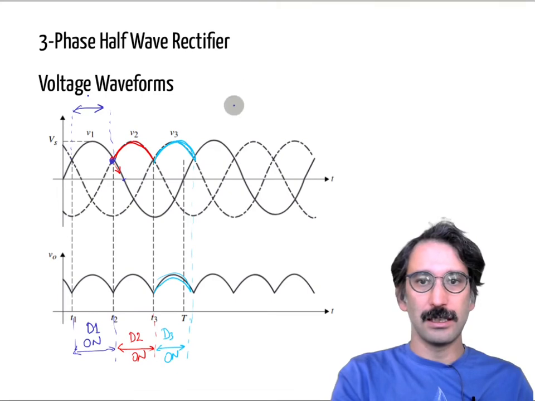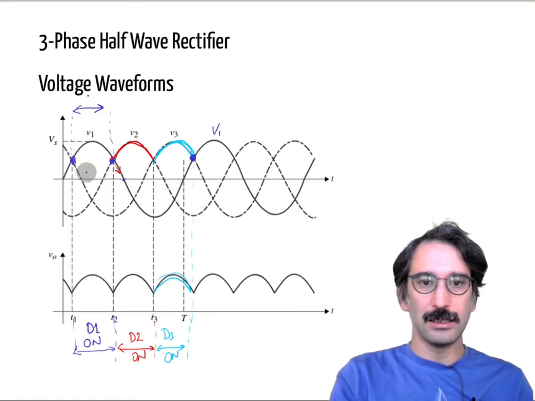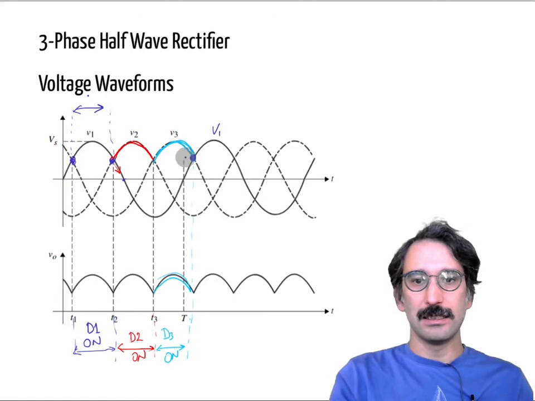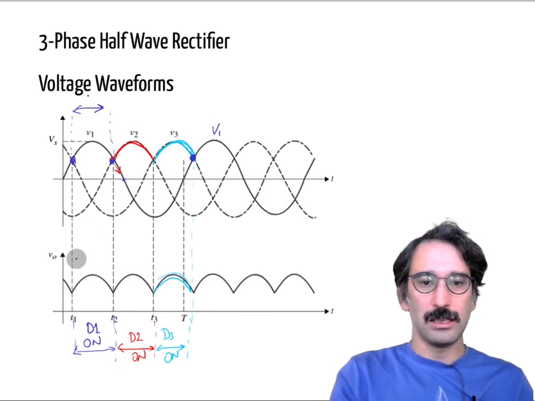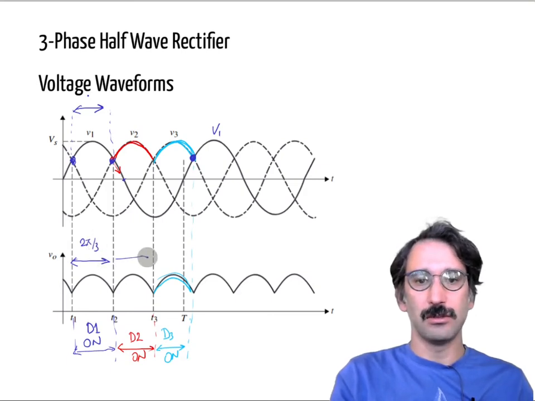Here you can see that one is V1, and that point is the cycle of any of those voltages. If that period is 360 degrees, or 2π, then each of these conduction periods will be 2π over 3, or 120 degrees. So these are all in conduction mode for 2π over 3.